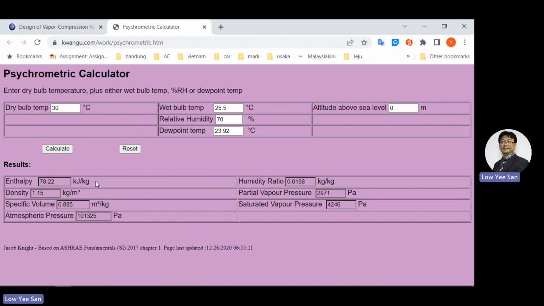This is the enthalpy of air when the humidity is 70% and the dry bulb temperature is the normal temperature. The wet bulb temperature is the evaporating temperature: when the water evaporates, that is the temperature the thermometer registers. That's how they measure the humidity.